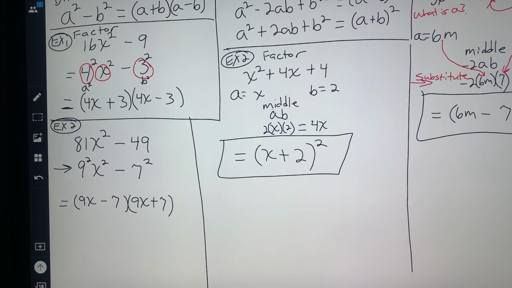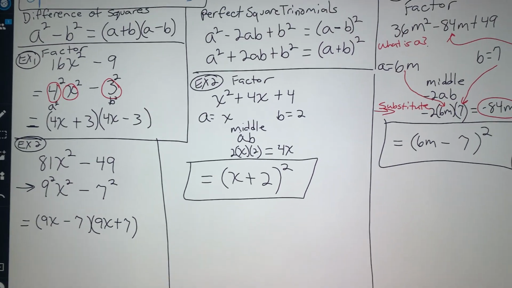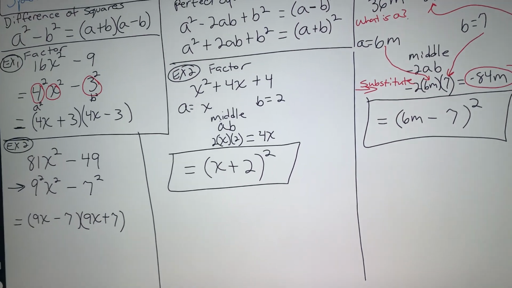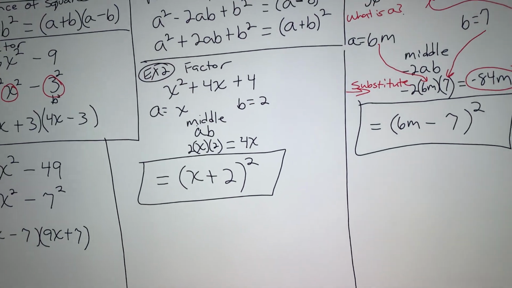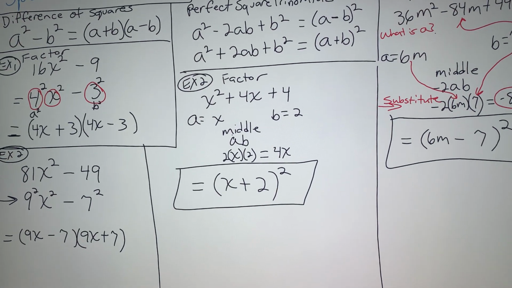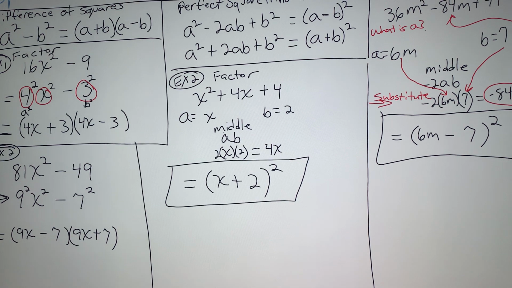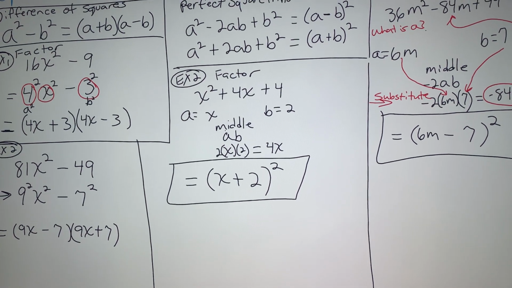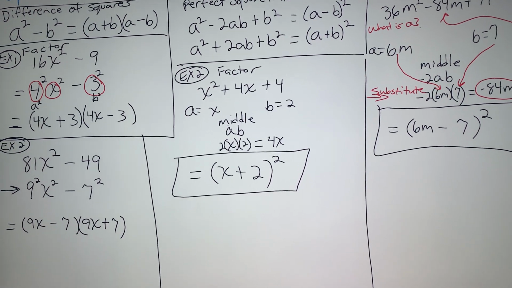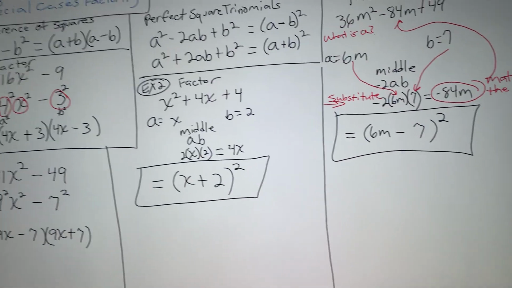So a is x, because x times x gives us x squared. And then b is 2, because b times b, or 2 times 2, gives us 4. Or 2 squared gives us 4.